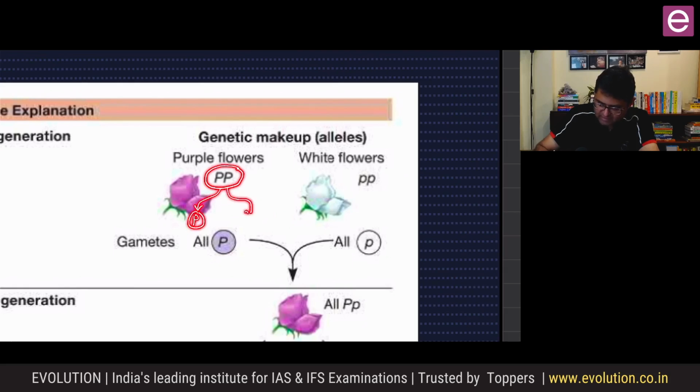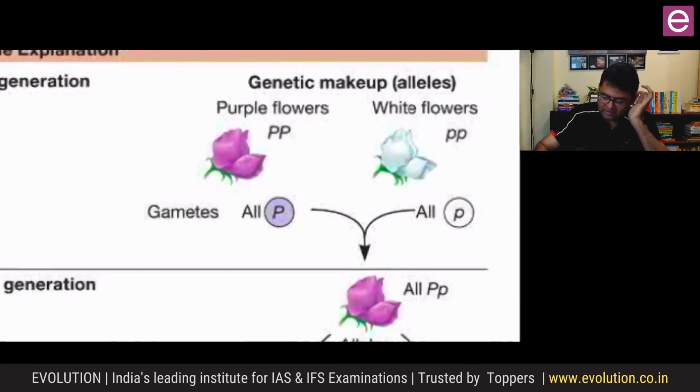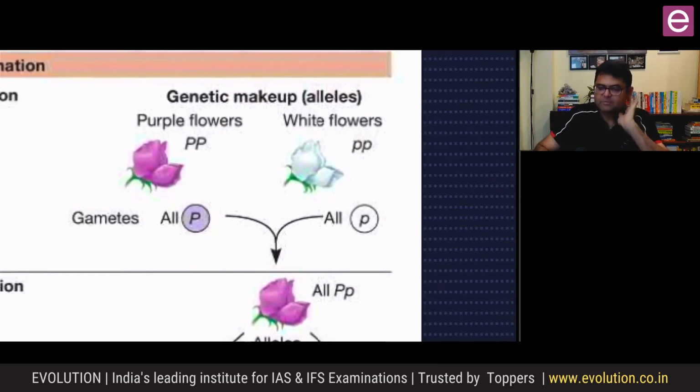And why will the gamete have only one copy of the factor? Because when the gamete fuses with another gamete, then in the zygote, again, two copies of the factor will be restored. If you don't do that, then with every generation, the number of gene copies will keep increasing.